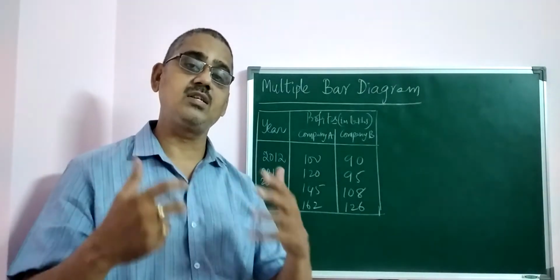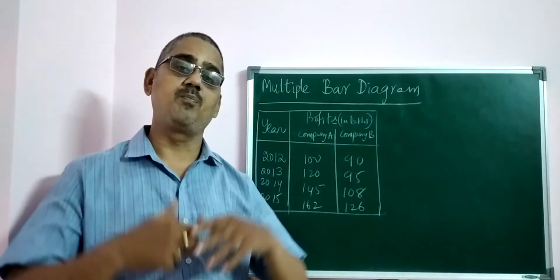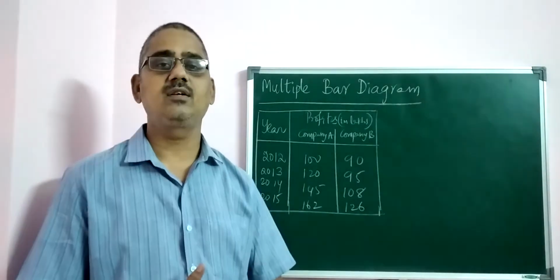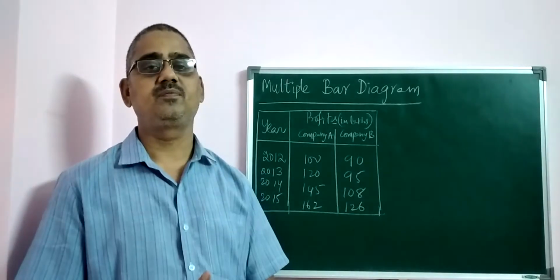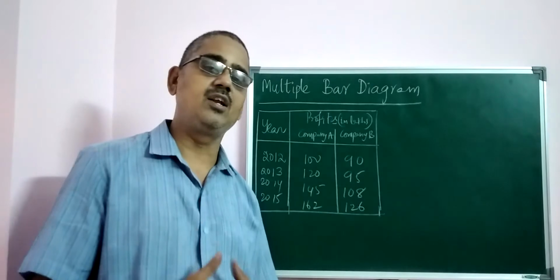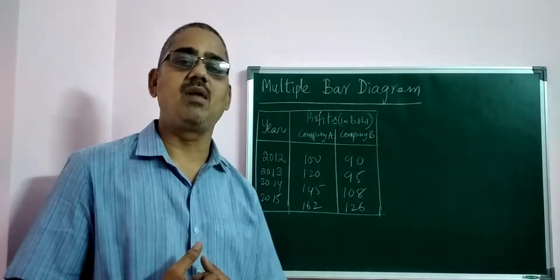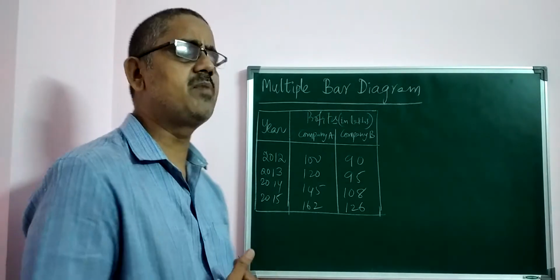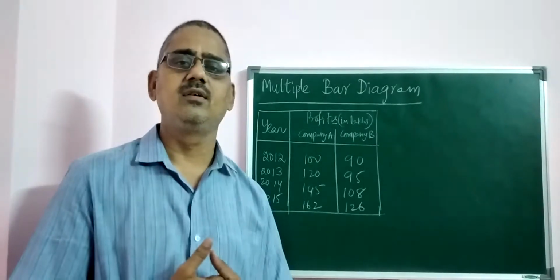It is the best option to represent such kind of numerical, statistical data. So this is the simplicity and use of the multiple bar diagram. It can be represented horizontally and vertically.